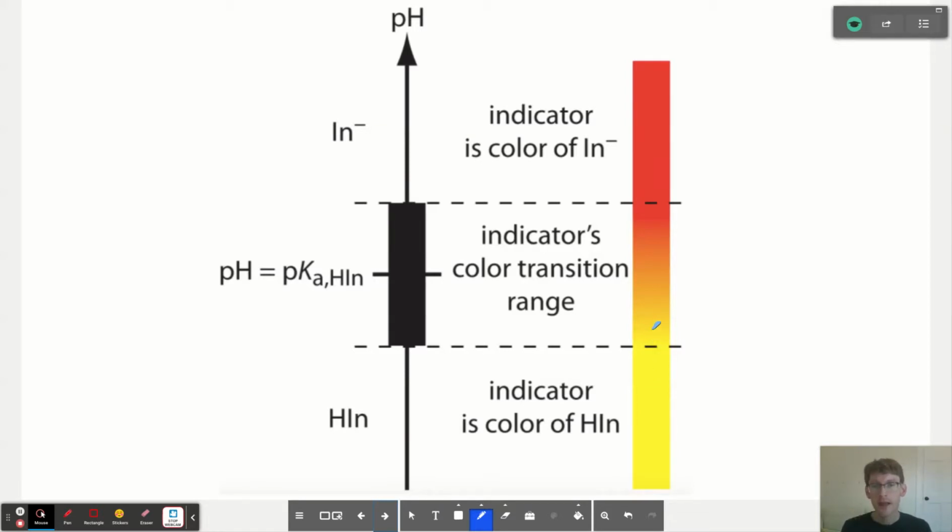And what happens is that as there becomes a more noticeable amount of IN minus, you'll start to see orange. And that orange will eventually turn into red as we get more and more red and less yellow stuff present. Again, the red stuff is the IN minus, the conjugate base, and the yellow stuff is the HIN, the protonated form.